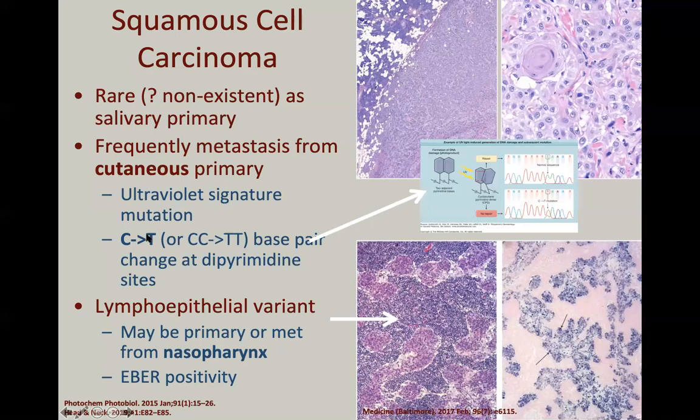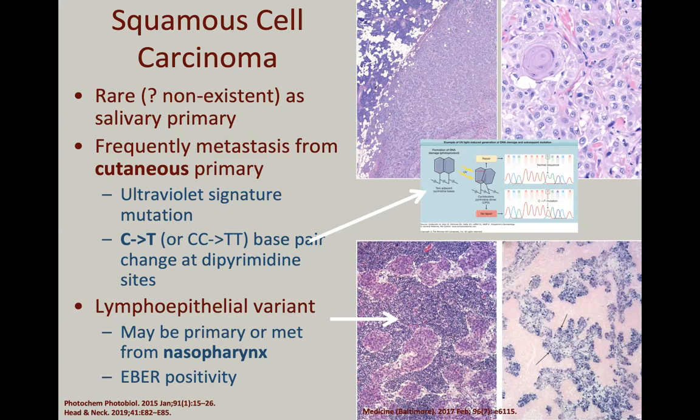UV signature is C to T or CC to TT base pair changes in the DNA of these tumors, in numerous sites throughout the DNA of many genes. This is a known consequence of ultraviolet sun exposure. So when you find this genetic change, you can be highly certain that this arose in a sun exposed site.